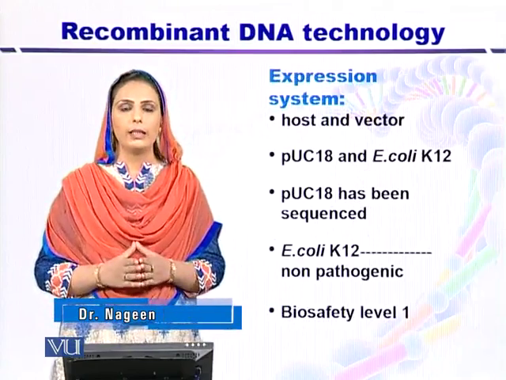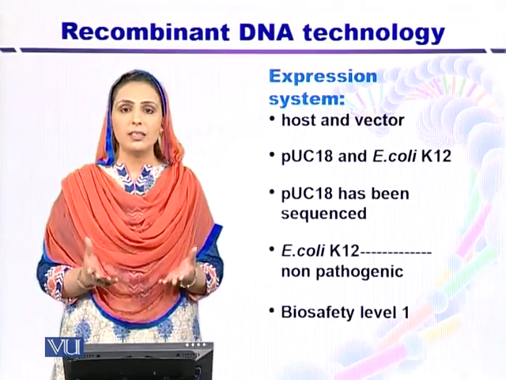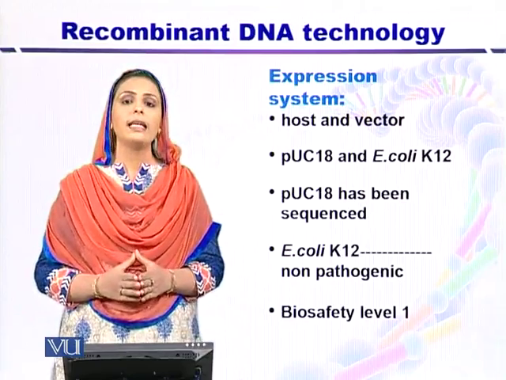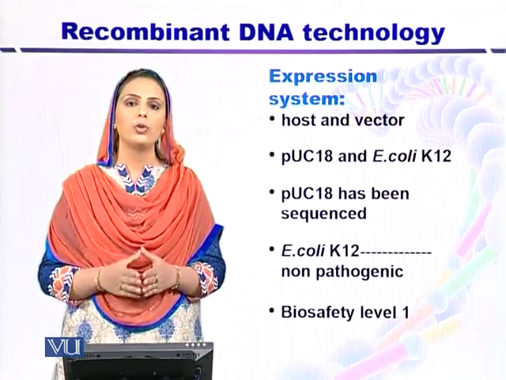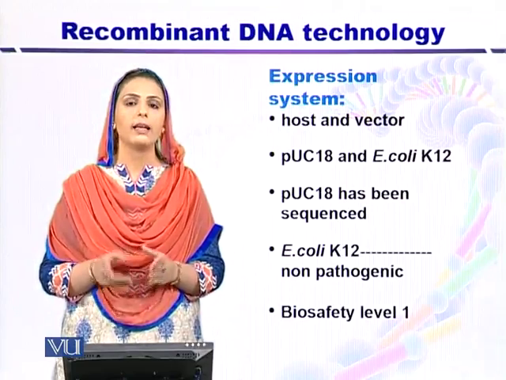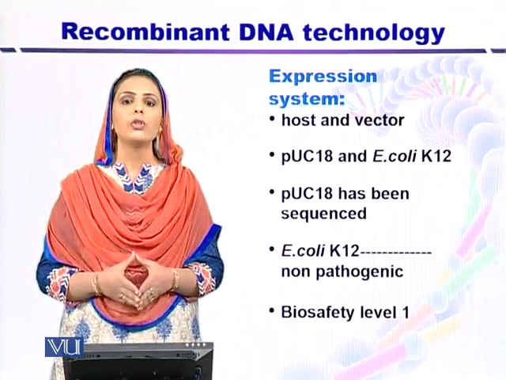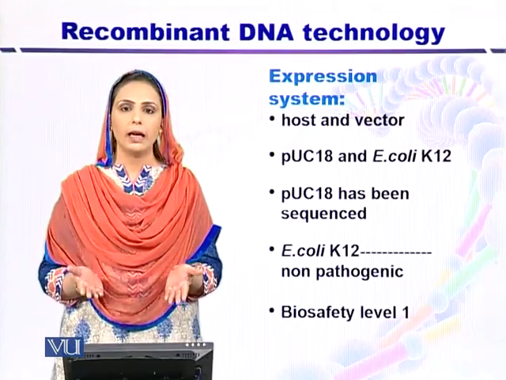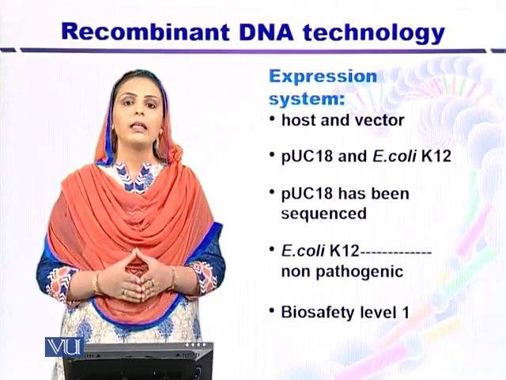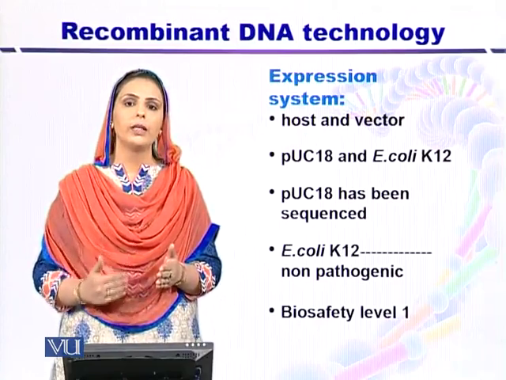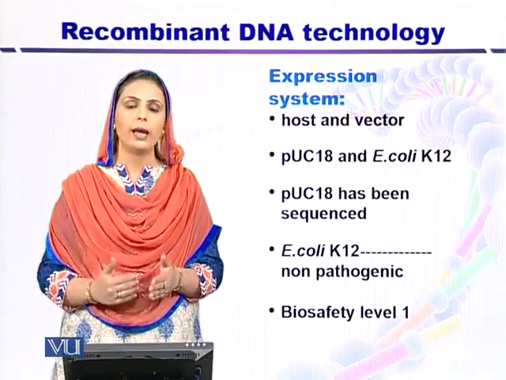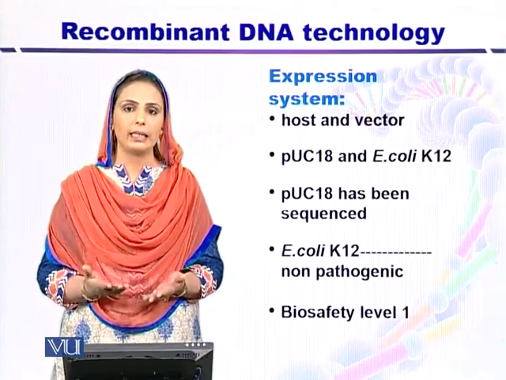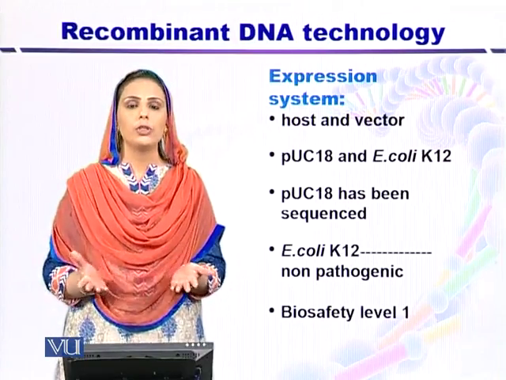Now, in recombinant DNA technology, the expression system is very important. In the expression system, we make use of two things. One is the host and the other is the vector. The most commonly used vector is pBR322, but now there are different derivatives of pBR322, and one example is pUC18, which is routinely used in the labs.